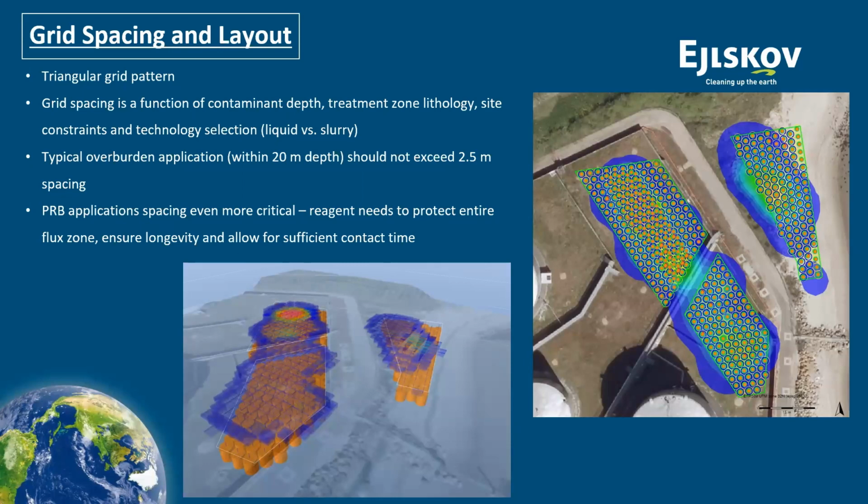And so my recommendation to everyone here is to be conservative with your spacing and have it as tight as you can. If that includes some extra time in the field, again, I think that's going to give you a much higher probability of success.